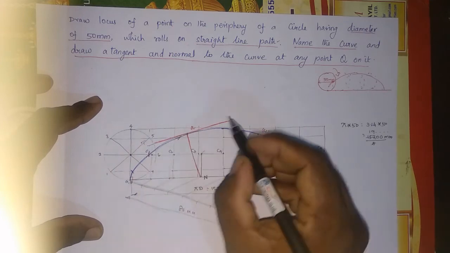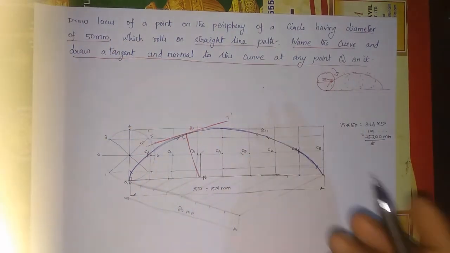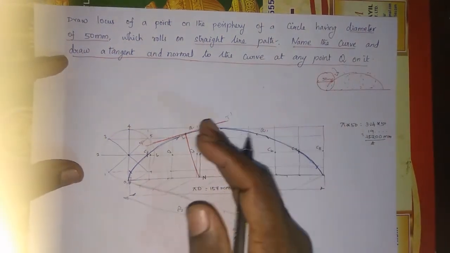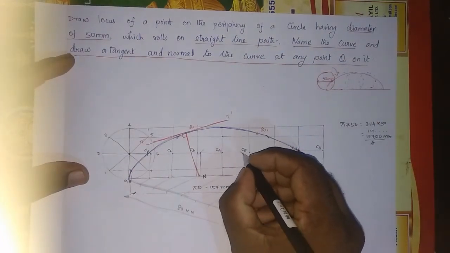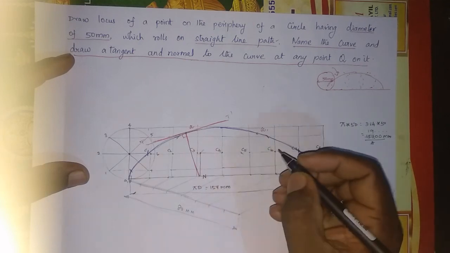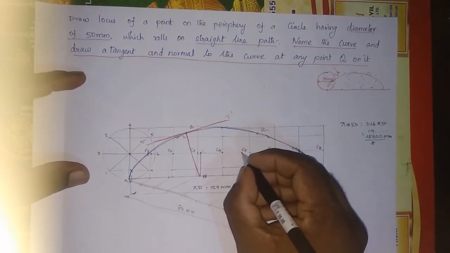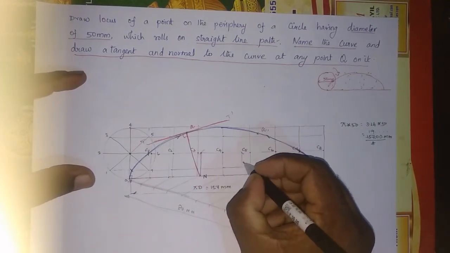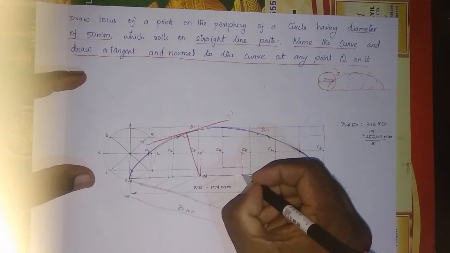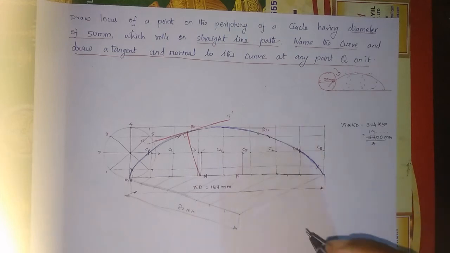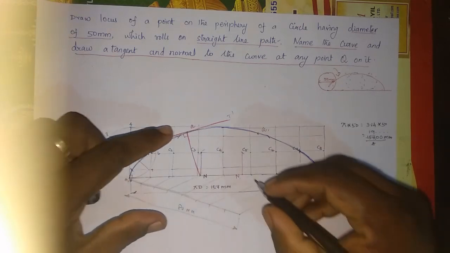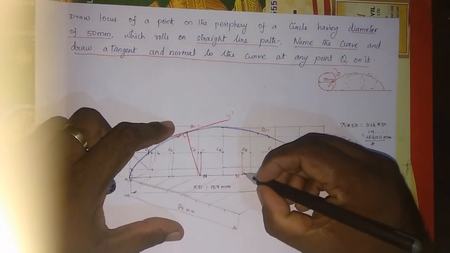This is T dash. Now on the right side of the center, from the point I just take a drop. Here I am putting N. Now I am going to join this N and Q1.